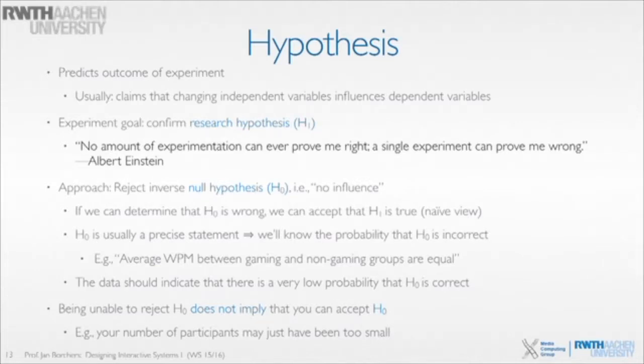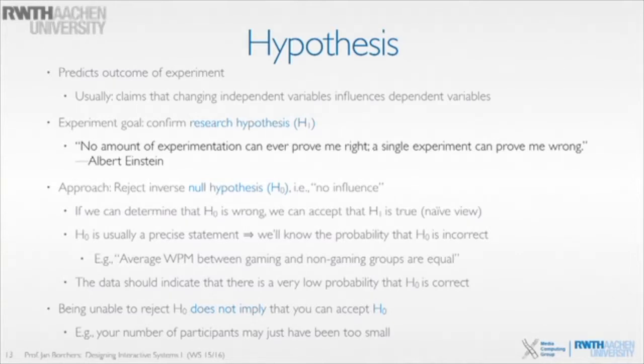The data should then indicate that there's a very low probability that H0, the null hypothesis, is actually correct. So there's a very high probability that H0 is incorrect, which means that our research hypothesis, H1, is actually correct. I know this sounds weird, but doing it that way around will make sure that you're not overstating what you have actually shown in your experiment.